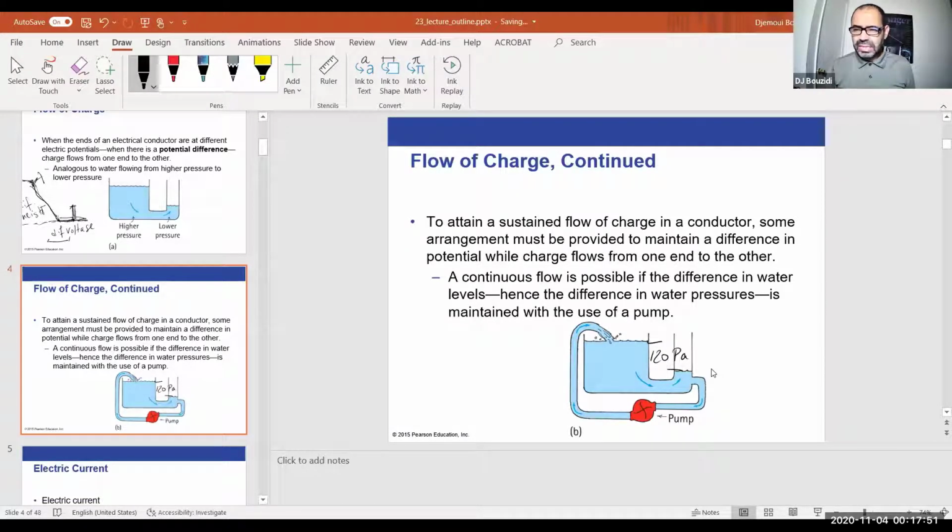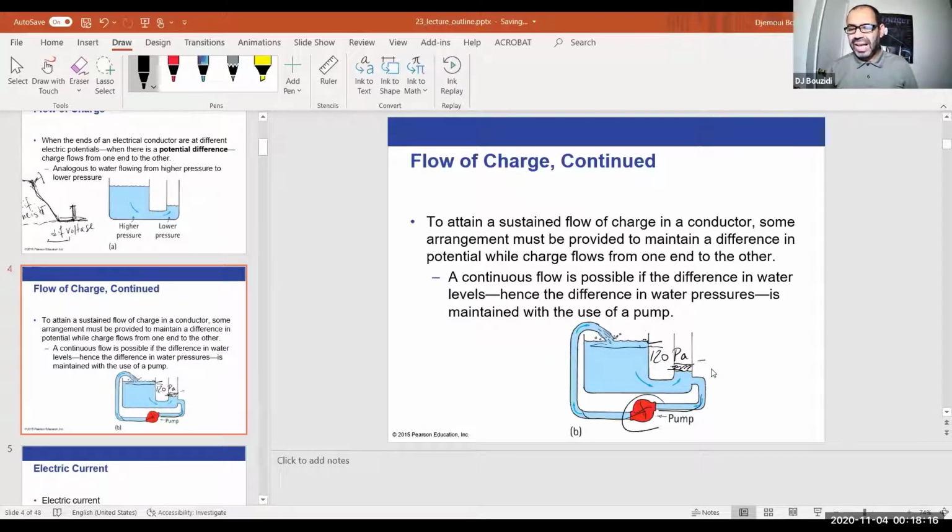If the difference becomes less than 120 between this level and this level, the pump takes this extra water, pushes it through the pump, and puts it back in here, so that it brings the difference in height back to 120 Pascal.